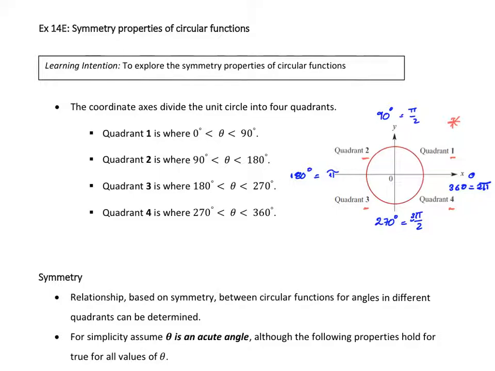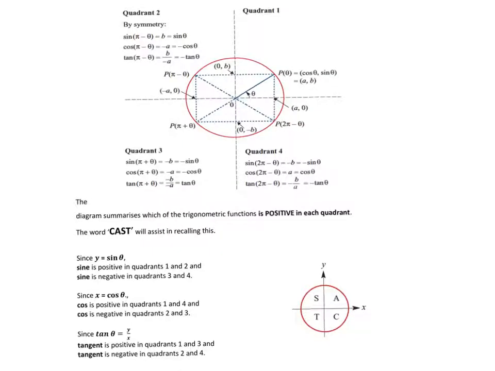The relationship between all of the quadrants means that we can relate everything back to the angle in the first quadrant, as long as that angle in that first quadrant is an acute angle. So the angle in the first quadrant is theta.